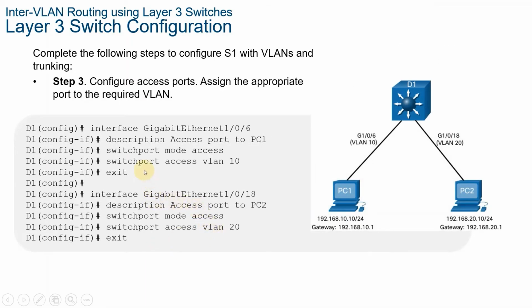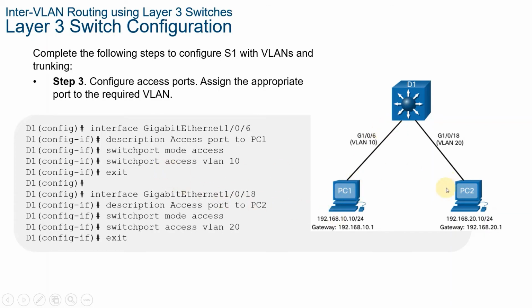So step number 3 is configure access ports. Configure access ports connecting to the hosts and assign them to their respective VLANs. So how is it? Interface, in this case for instance, G1/0/6. Switchport mode access, switchport access VLAN 10.